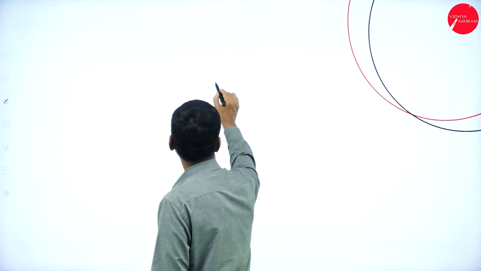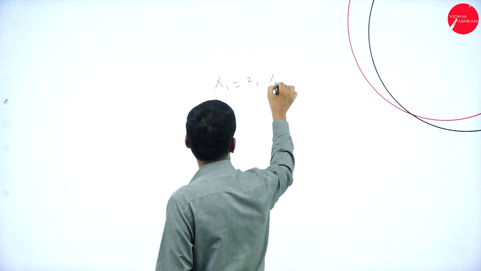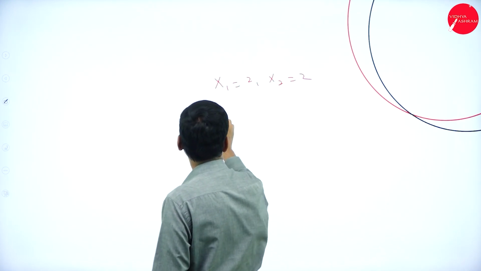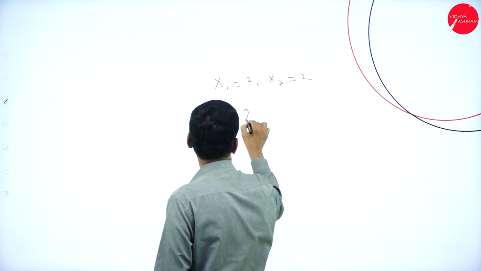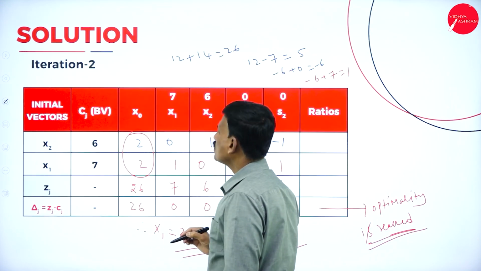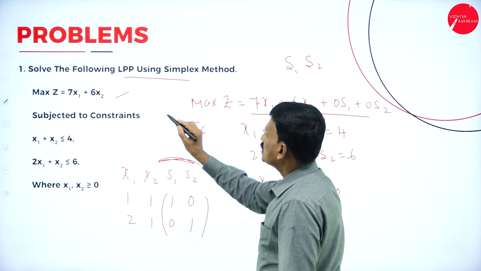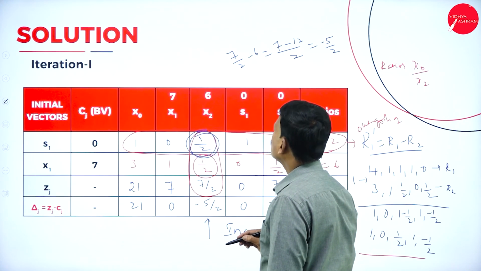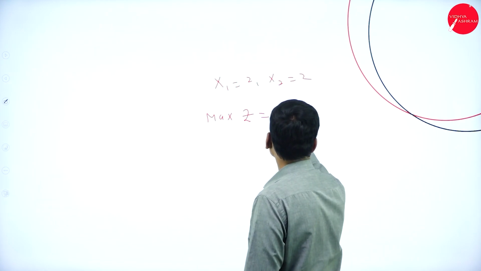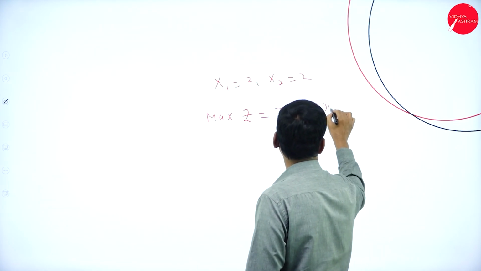Since x1 is equal to 2 and x2 is equal to 2, the objective function is max z is equal to 7x1 plus 6x2.